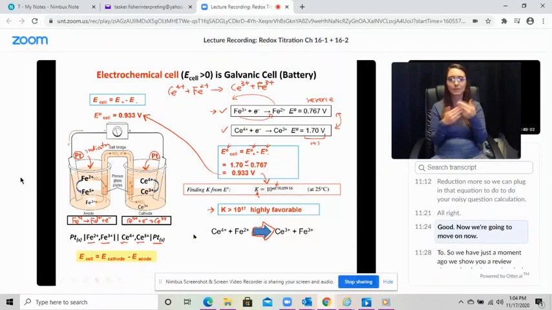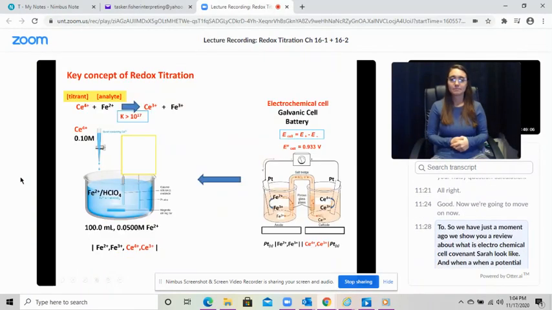Good. Now, we're going to move on. We have just done, a moment ago, a review of what an electrochemical cell, a galvanic cell, looks like. And when the cell potential is greater than 0, that means your delta G will be negative. So the reaction will be spontaneous to carry out.